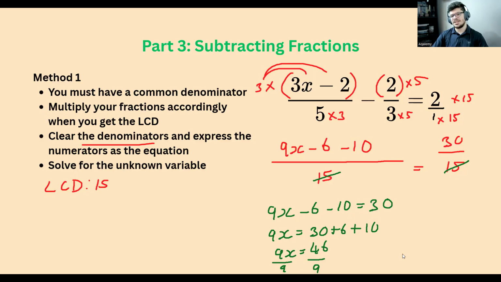Then we have x is equal to 46 over 9. I don't think we can further simplify this, so we just leave it as 46 over 9 as our final answer. These are completely normal answers to get, so don't panic.